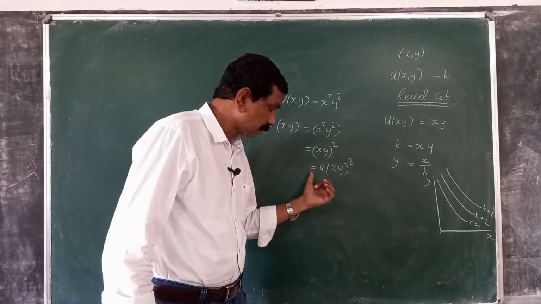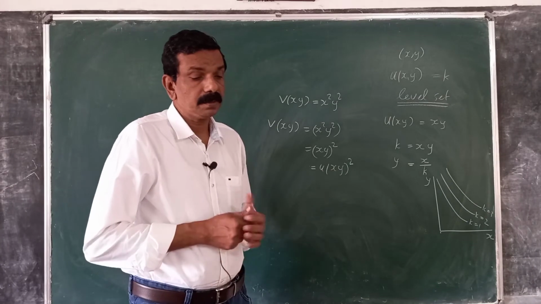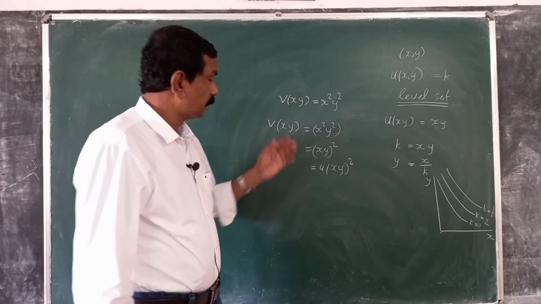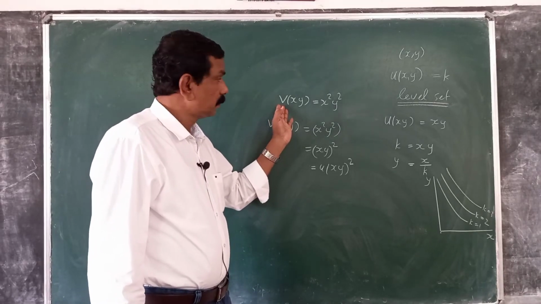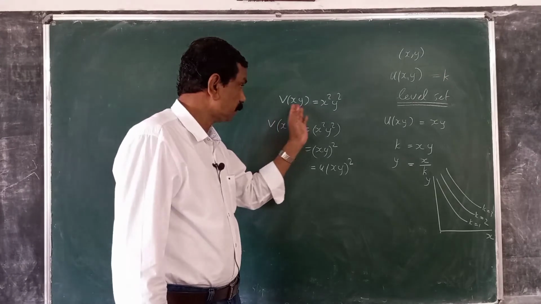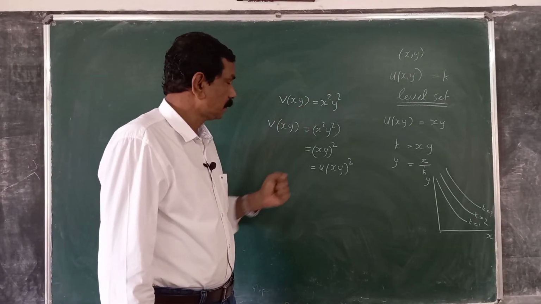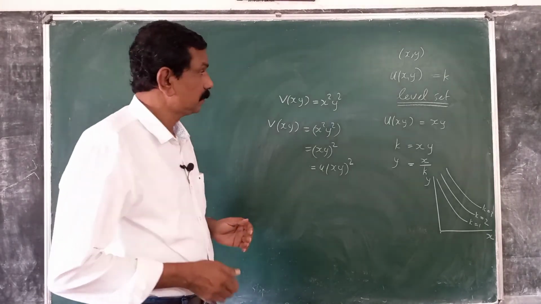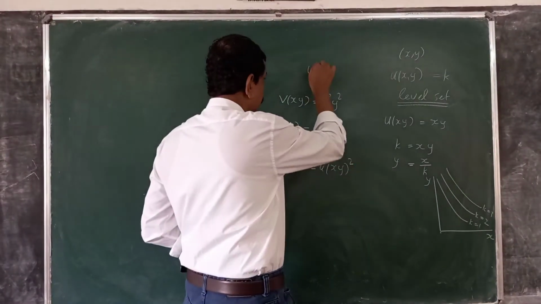V of xy is equal to u of xy square. So the utility function V(x,y) is nothing but the square of the utility function U(x,y).